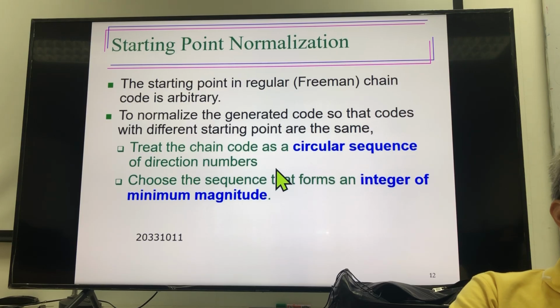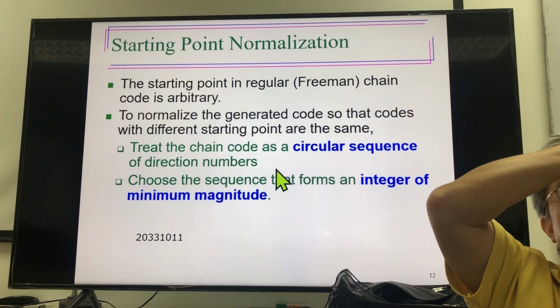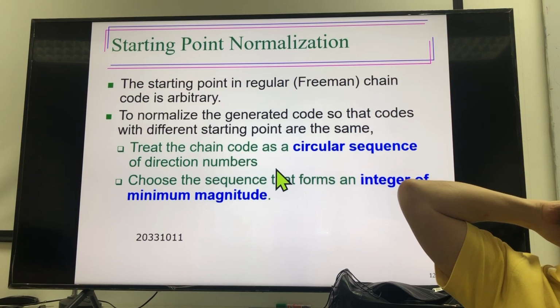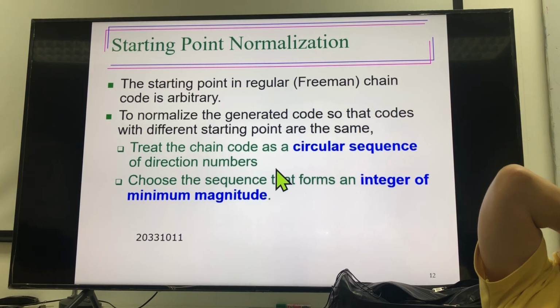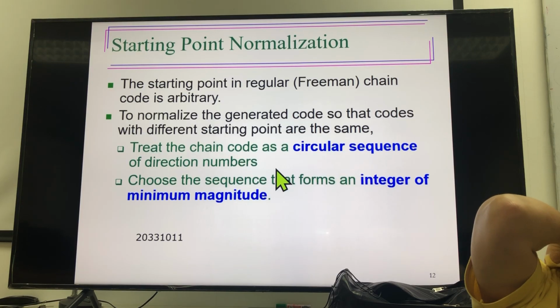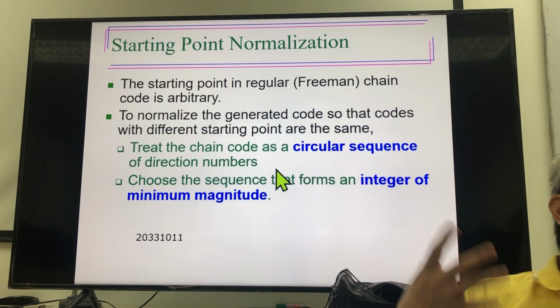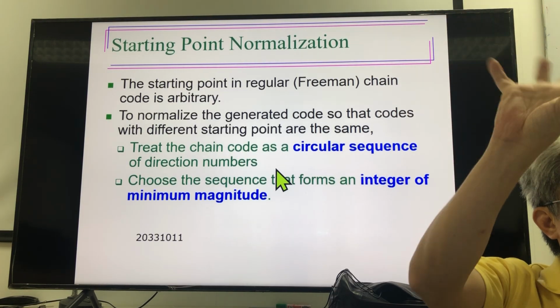Another thing we might want to do is starting point normalization. Usually the starting point in the Freeman chain code that we just talked about is arbitrary. You can start from anywhere. However, we want to normalize the generated chain code so that chain codes with different starting points end up with the same chain code. This is similar to the rotation part.